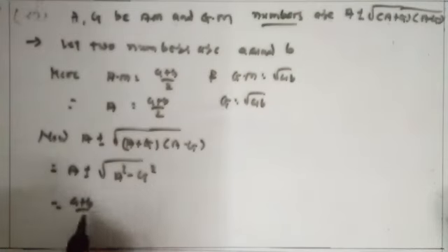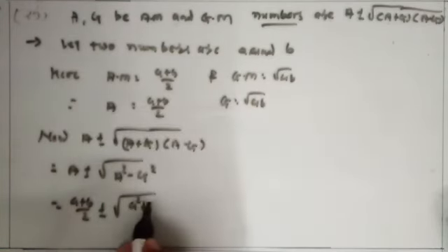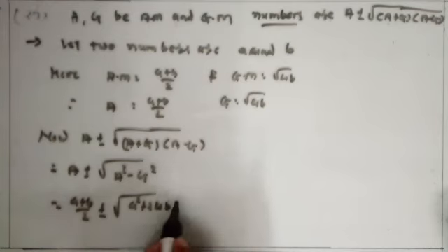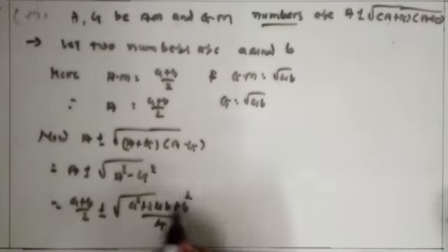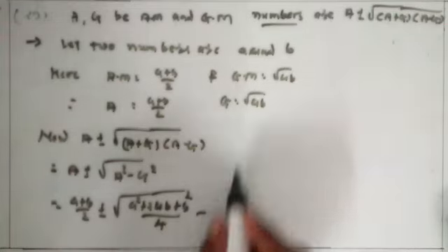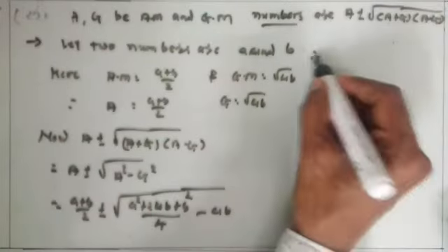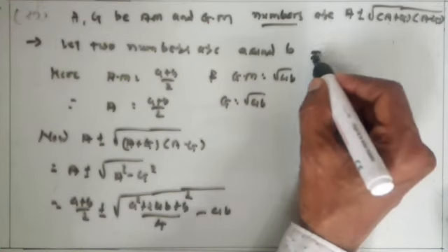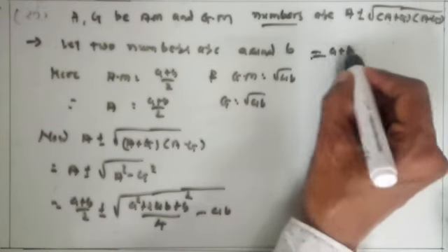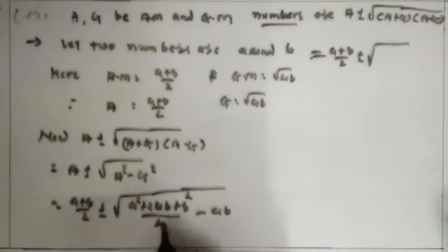So (a plus b) upon 2 plus or minus root of square of this, that is a square plus 2ab plus b square upon, here 2 square is 4, minus G square, square of this is ab. Clear? Therefore this becomes (a plus b) upon 2 plus or minus root of 4, take LCM.